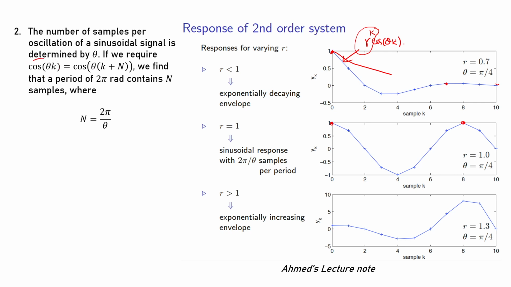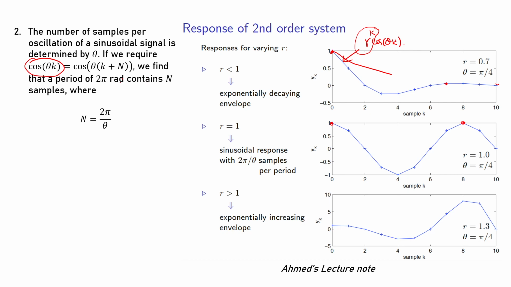So if the cosine is here at the peak, and then this one is also at the peak, we want to find the cosine value at one point, and then we want to find the sample at which cosine has the same value.